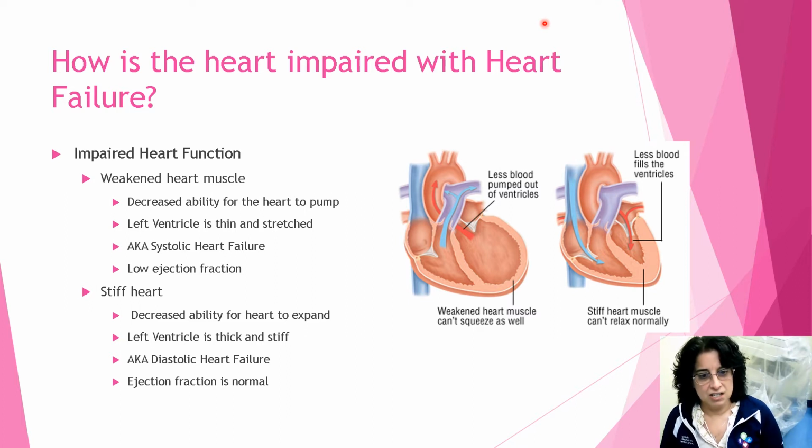However, in a heart that's stiff, maybe it can only expand to take in 50 milliliters of blood, and it has a 50% ejection fraction. At face value, it seems like that should be better, but ultimately, it's still only pumping out 25 milliliters of blood. That's why it gives you the same type of symptoms regardless of which type you have. Does that make sense to everybody? Are there any questions?